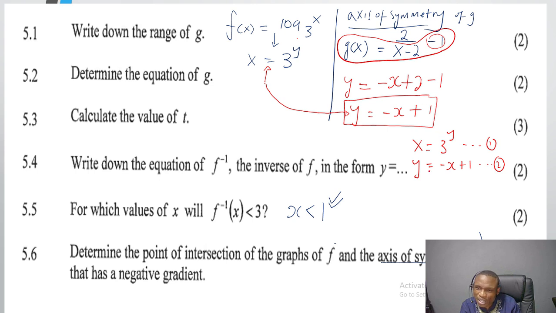But something is tricky here. Now I'm going to say, okay, x equals to, which one should I substitute? I need to be careful. Or should I substitute 1 into 2? It's going to be y equals minus 3 to the exponent y plus 1.